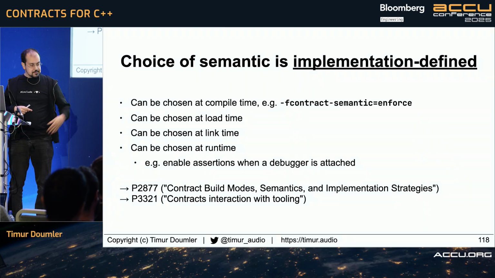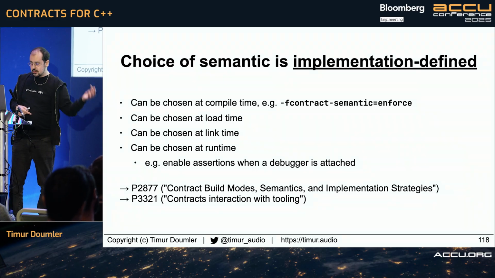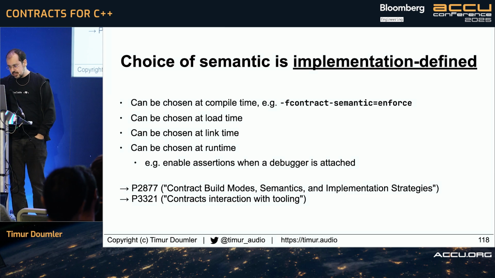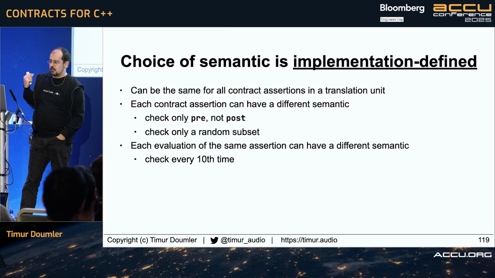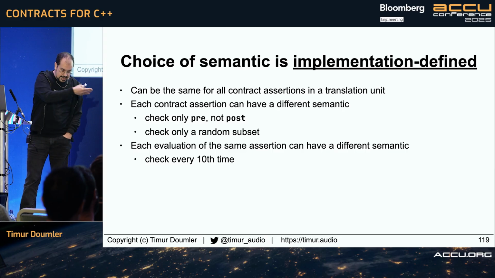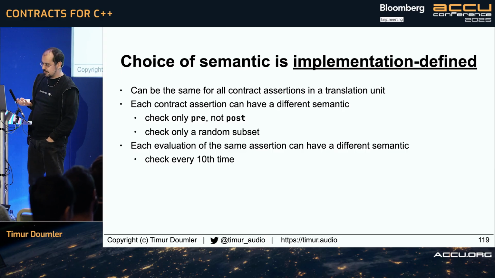And so there's a bunch of papers here again talking about the different use cases that this enables, which you cannot do with macro assertions today, right? So that's really powerful. It lets you do things like, each contract assertion, or each next evaluation of the same contract assertion even, can have a different semantic, right?